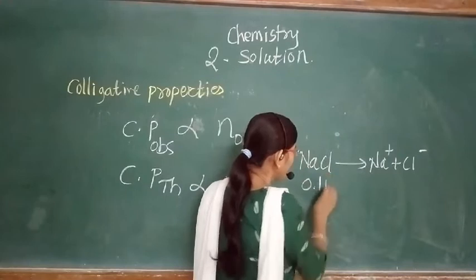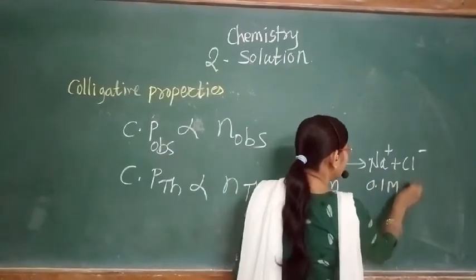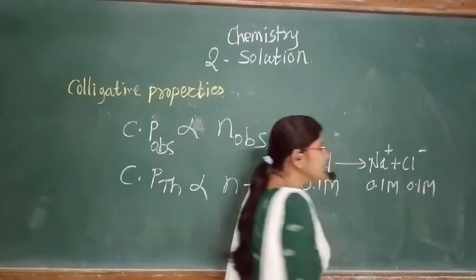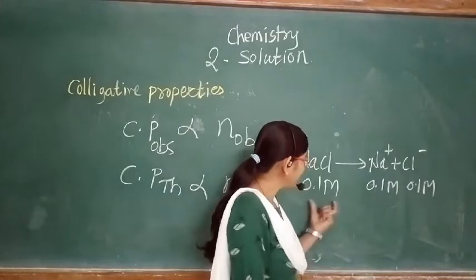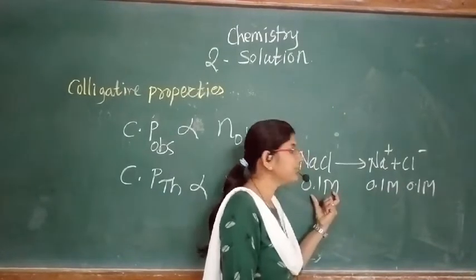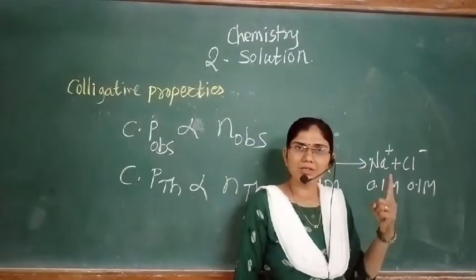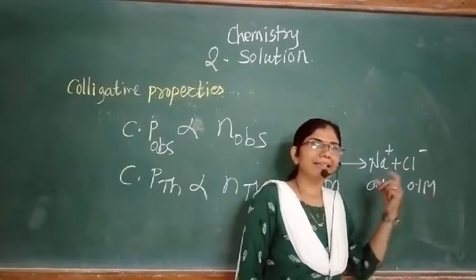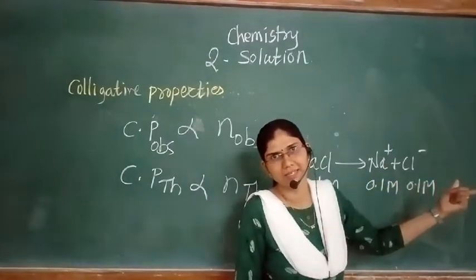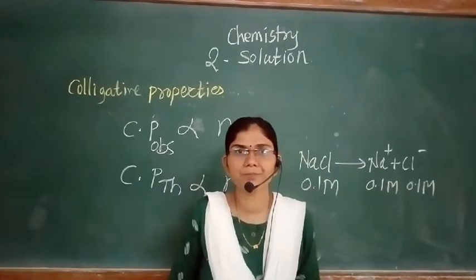If we take 0.1 molar NaCl, it forms 0.1 molar Na plus and 0.1 molar Cl minus. One particle is dissociated into two particles, Na plus and Cl minus, and therefore the number of particles increases.